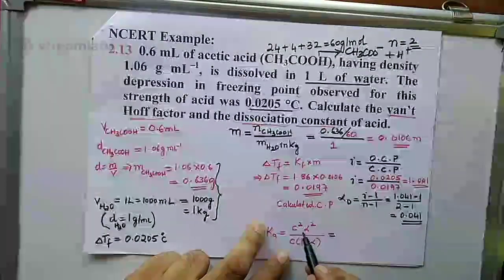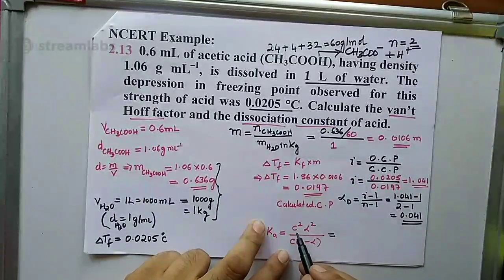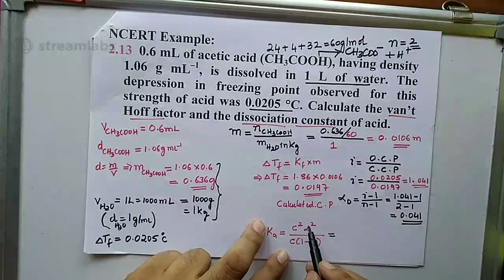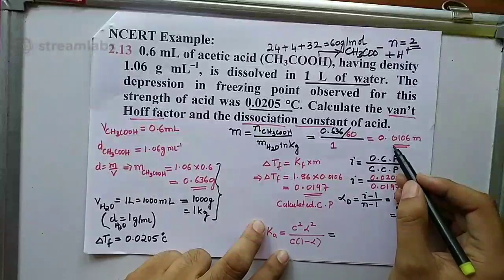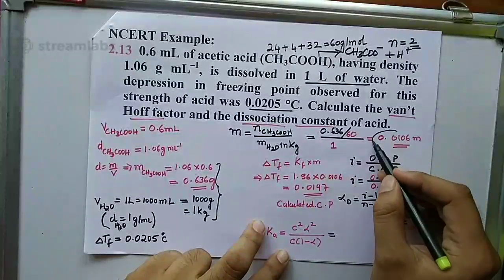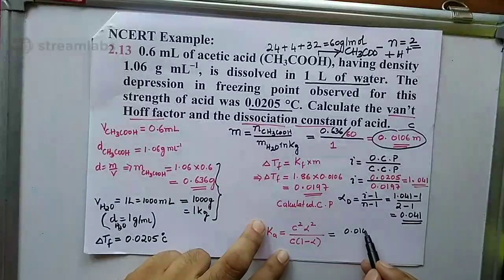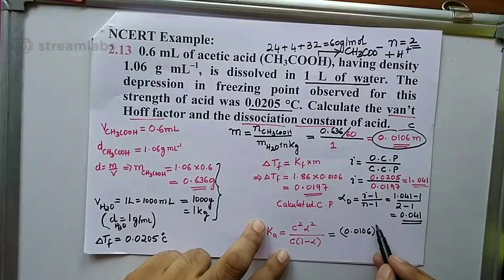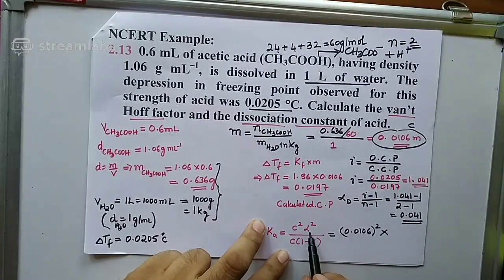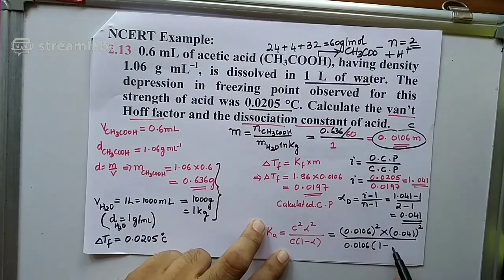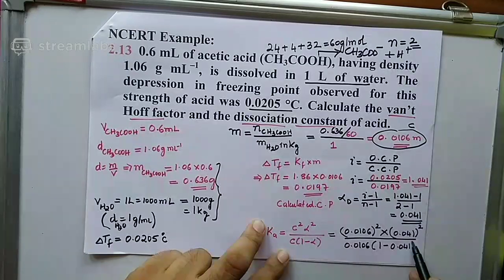Now, what is the initial concentration? Actually, we need to substitute molarity. For a very dilute solution, molarity can be taken as equal to molality. So the concentration C is 0.0106. So 0.0106 square multiplied by the alpha value 0.041 square, divided by C, which is 0.0106, into 1 minus 0.041.